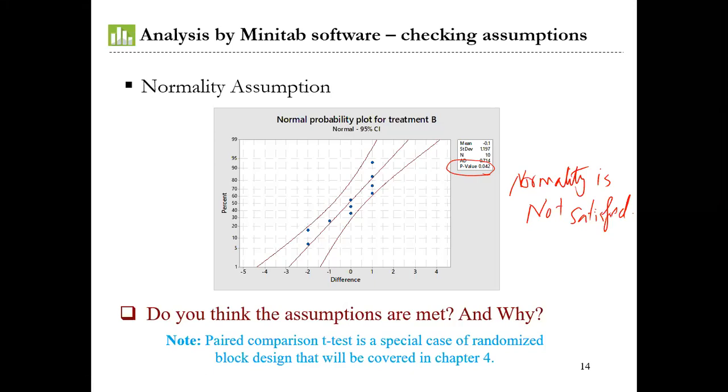Maybe if you drop the outliers, normality will be satisfied. It happens. Very good. This is one of the solutions also. Maybe normality is not satisfied because of some outliers. So you should be very careful with the outliers.